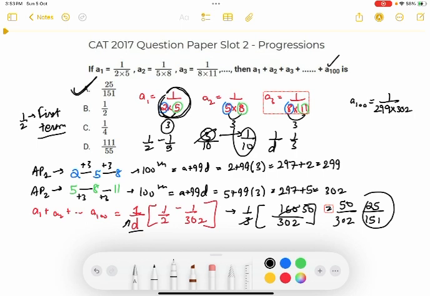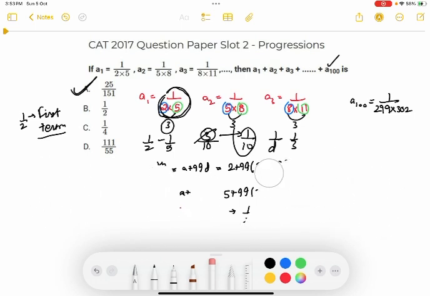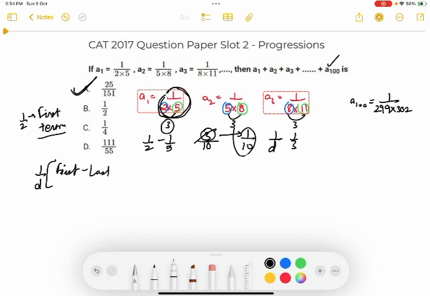I'll explain this formula one more time so you'll get a better understanding of the concept, and it won't be any difficulty for you in the exam. The concept was that 1 upon the difference is equal to first term minus last term. The first term was 1 upon 2 into 5, which gives us 1 upon 10.